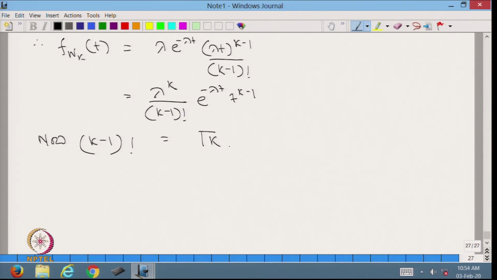This we have seen earlier. Therefore, f_{W_k}(t) is equal to λ^k/Γ(k) e^(-λt) t^(k-1).